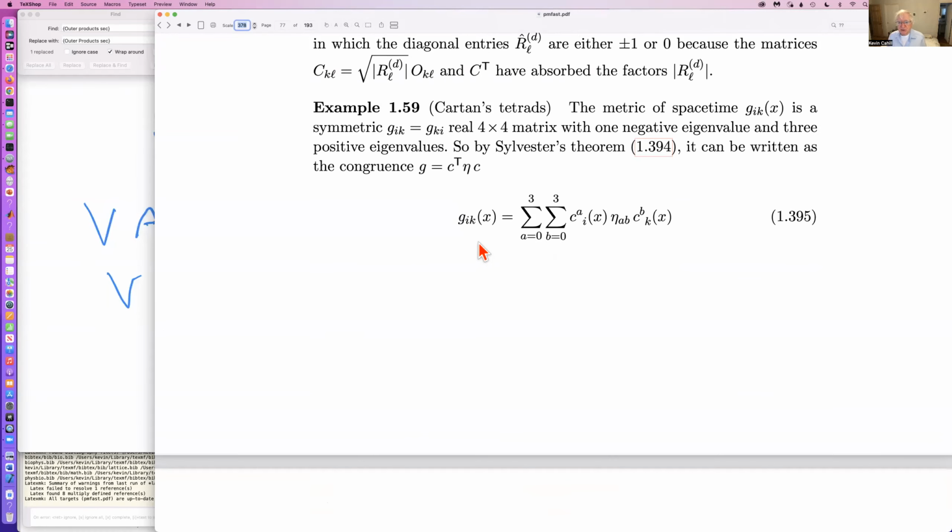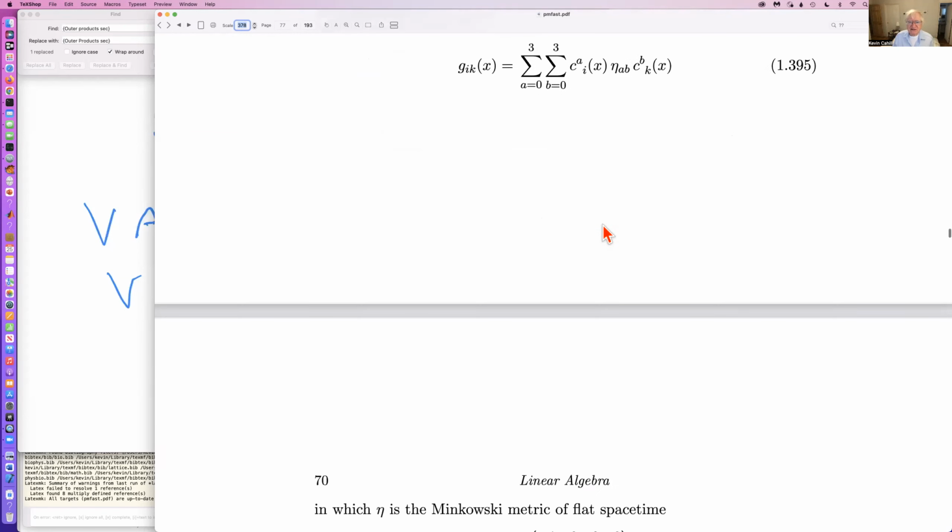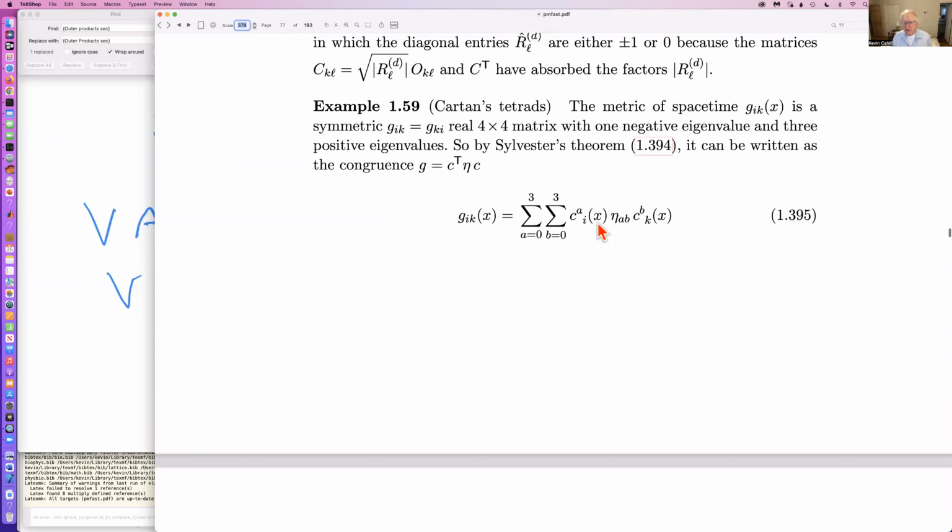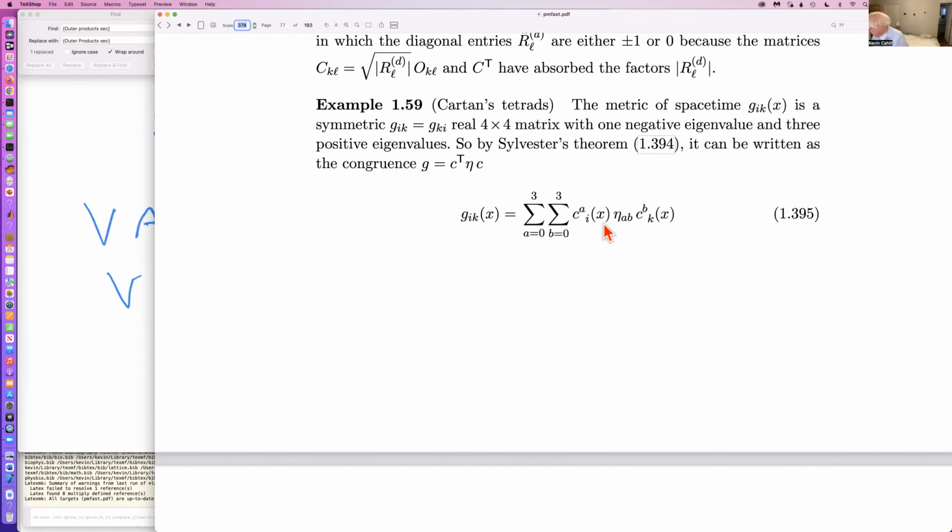This is kind of interesting. Cartan's tetrads. They're just four vectors. Well, let's see. This is a little subtle. Eta is the metric of ordinary flat space. So let me try to write on this so I can show you what I'm saying.